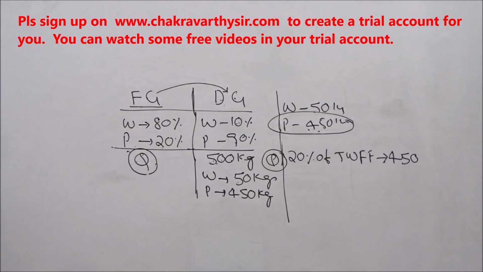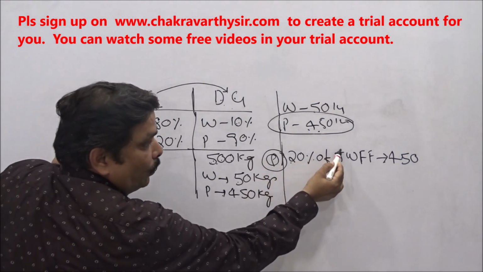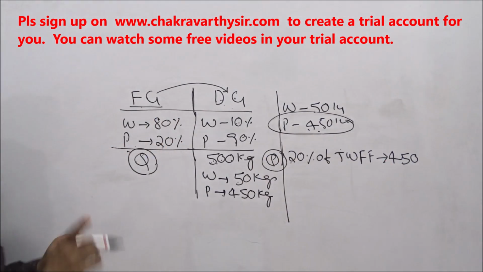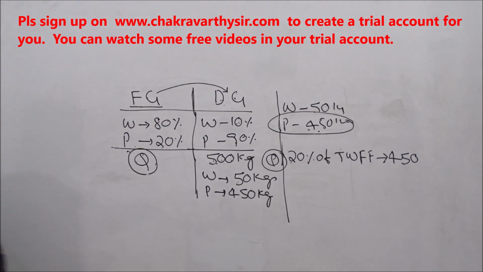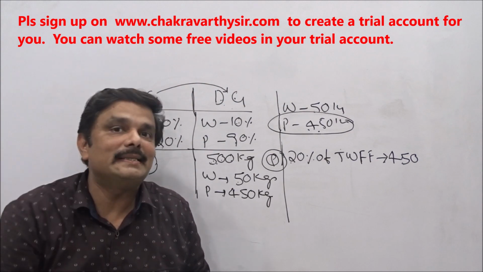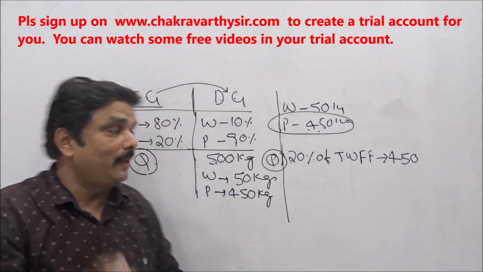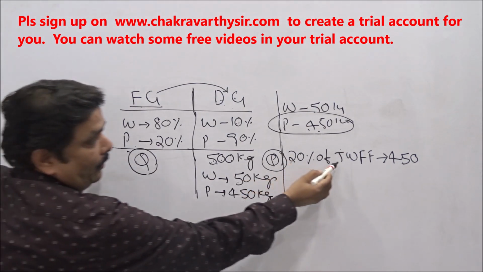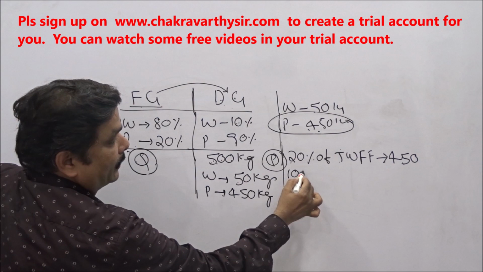As simple as this. I am talking about the fresh fruit. So 20% of the total weight is 450, and the remaining 80% is water. But the question is, what is the total weight of that fruit when it was fresh? Here 20% of the total weight is equal to 450. Total is 100%, always.